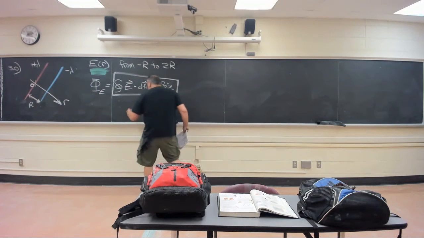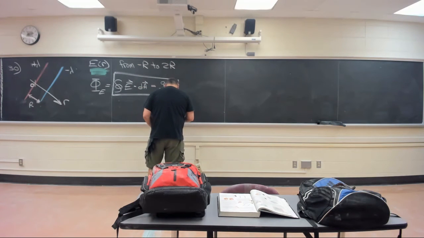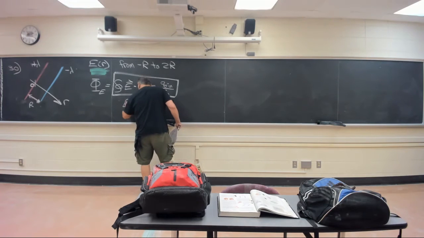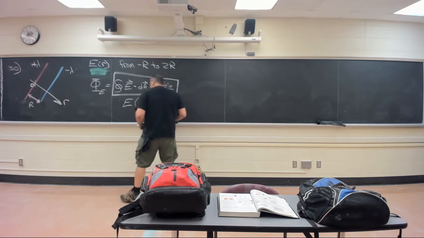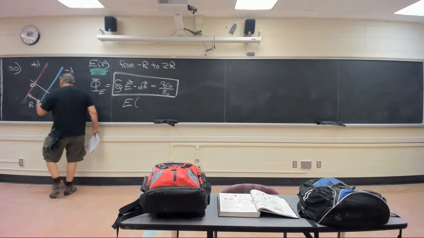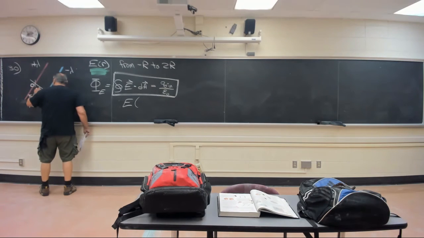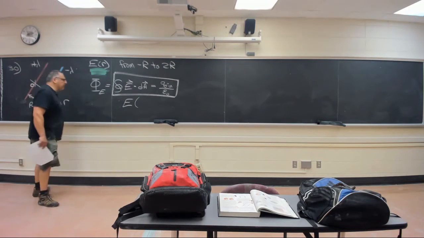Is it okay to say for each one of these, or for any one of these in general, let's just not get specific just yet, E times 2 pi r L. That's the Gaussian surface. In other words, you go a distance r from here, and 2 pi r is all the way around, multiply by L, and you've got a Gaussian surface.